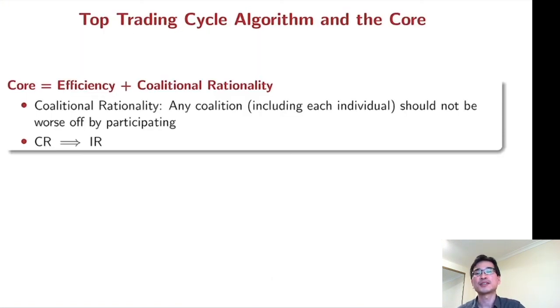In fact, the top trading cycle algorithm gives us more than efficiency and individual rationality. It gives us the core allocation. You can remember that the core is efficiency plus coalitional rationality. Coalitional rationality means any coalition, including each individual, should not be worse off by participating.